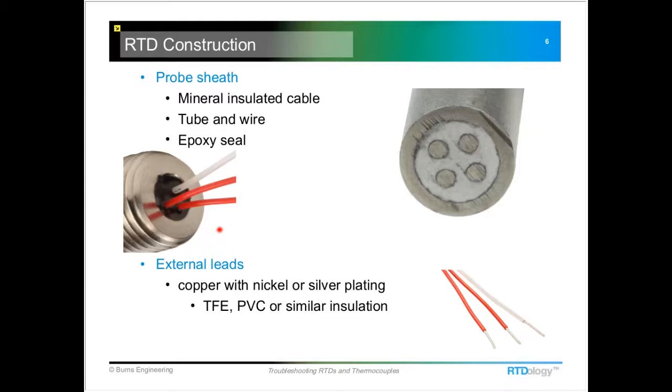There's some things you can do to improve it a little bit, but liquid water will make its way past that connection. And then the external leads, typically nickel or silver plated copper, and then Teflon, PVC, or some sort of plastic insulation covering those.